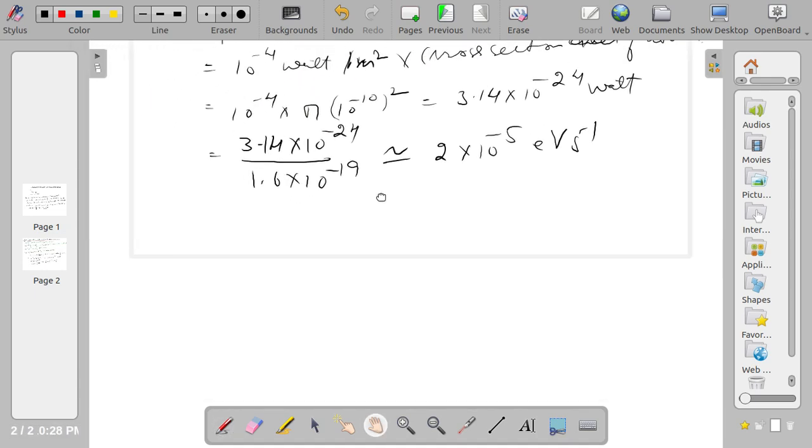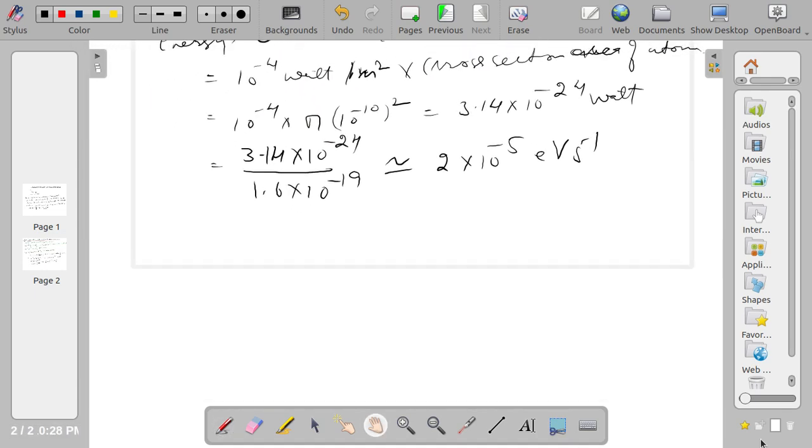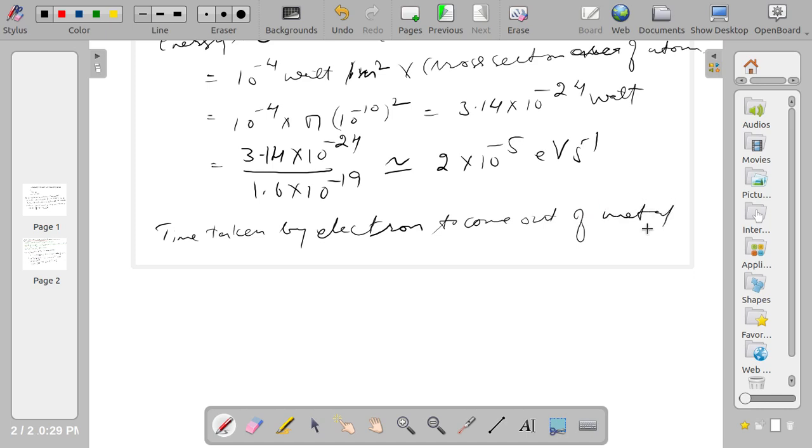Now let us calculate the time taken by the electron to come out of the metal surface.